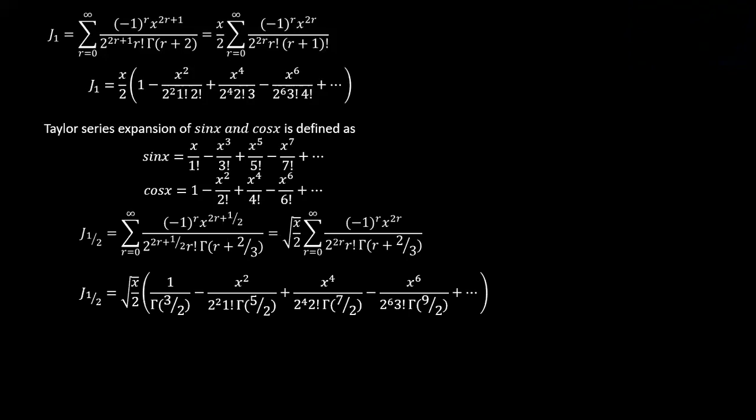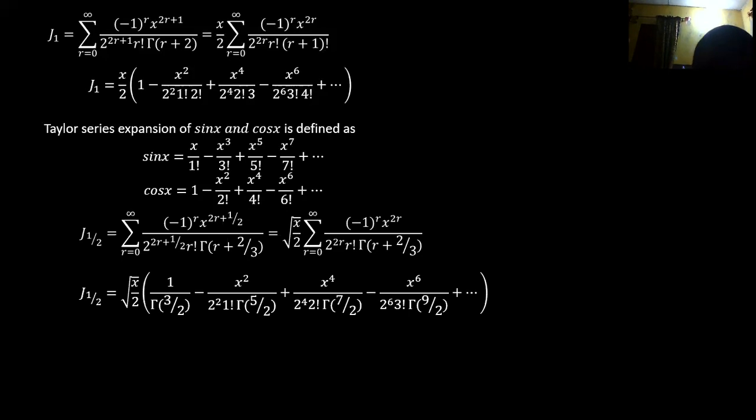When r is equal to 2, I have x^4 divided by 2^4, 2 factorial, Γ(7/2). When r is equal to 3, I have minus x^6 divided by 2^6, 3 factorial, Γ(9/2), and so on.